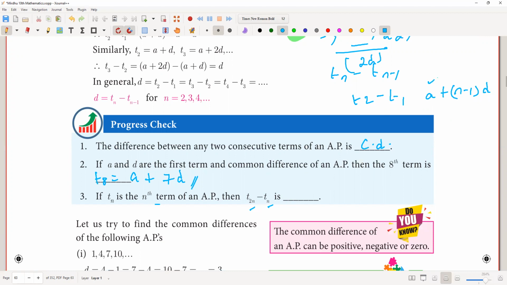T2n is A plus 2n minus 1 into D, minus Tn. Tn is A plus n minus 1 into D. It is better for us to work it out so that you will not get confused.